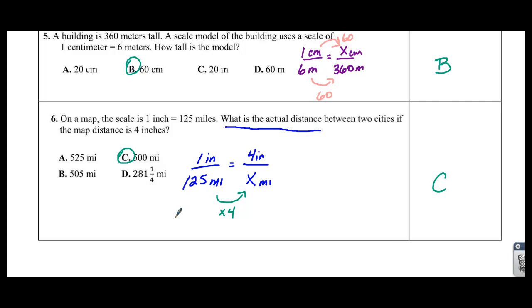Our answer is C. Another way of thinking about that problem is we're multiplying 1 times the x, and we're multiplying 125 times the 4, and we get x is 500. So either way you look at it, our answer is C right there.